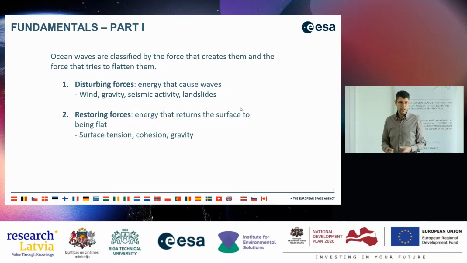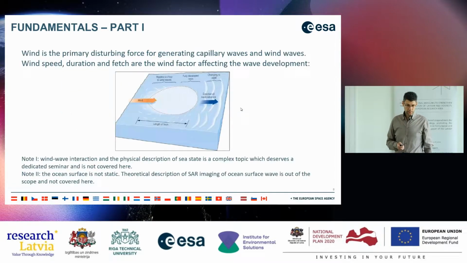With seismic activity, you can think about a tectonic movement that will create a wave, of course. And then there are restoring forces, which try to smooth the ocean waves. This is basically the surface tension, cohesion. Gravity also tries to smooth the ocean surface.